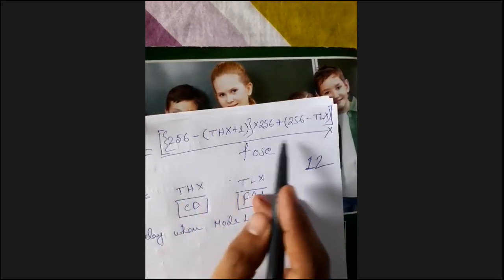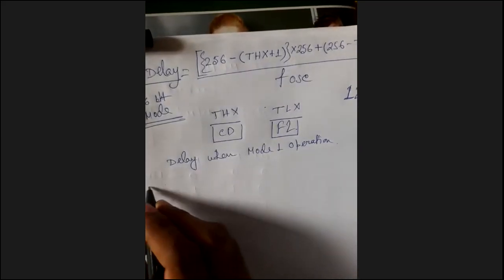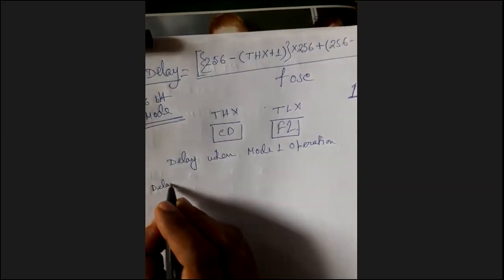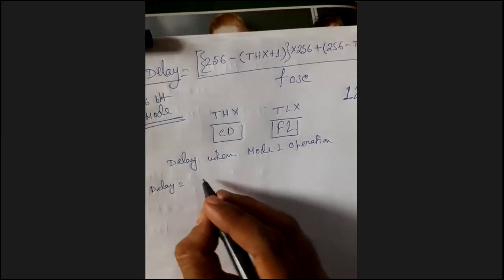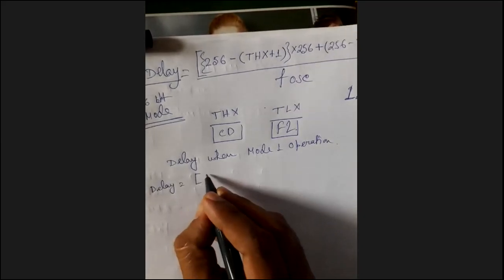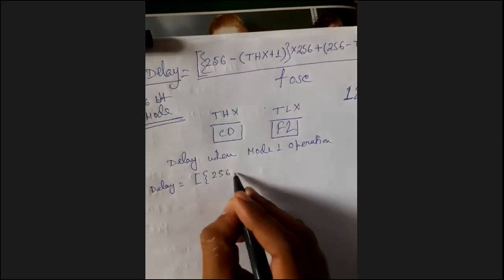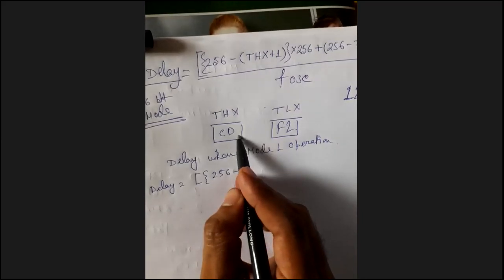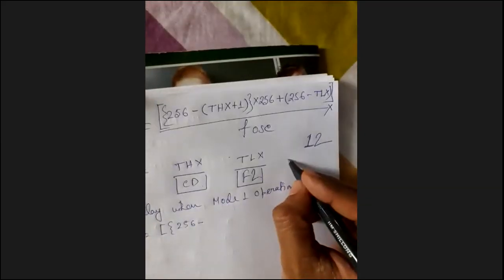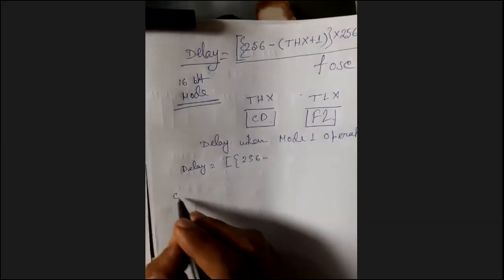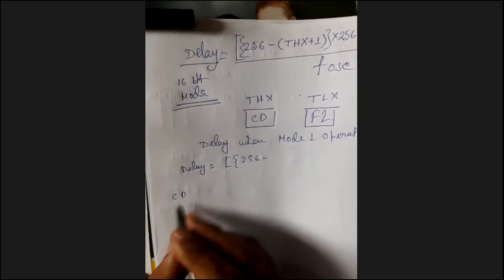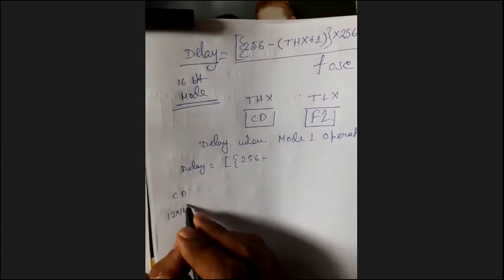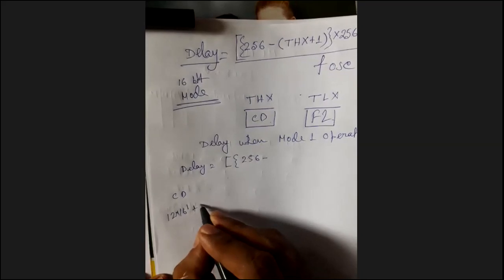So we will write the delay equals 256 minus CD. We need to convert it to its equivalent decimal form. So CD, that means C is 12, into 16 to the power 1 plus 13.